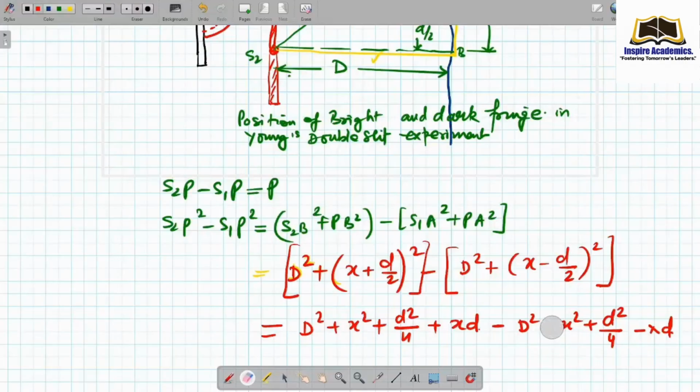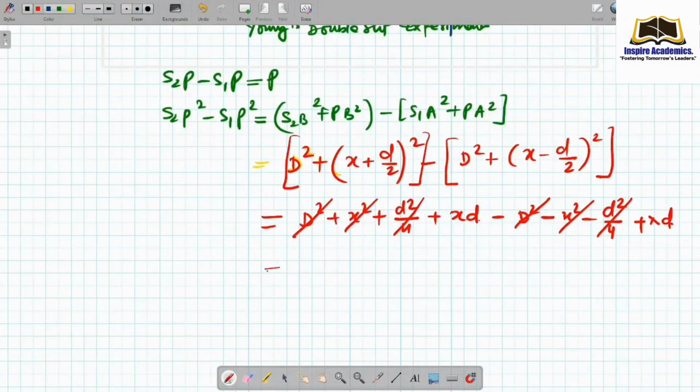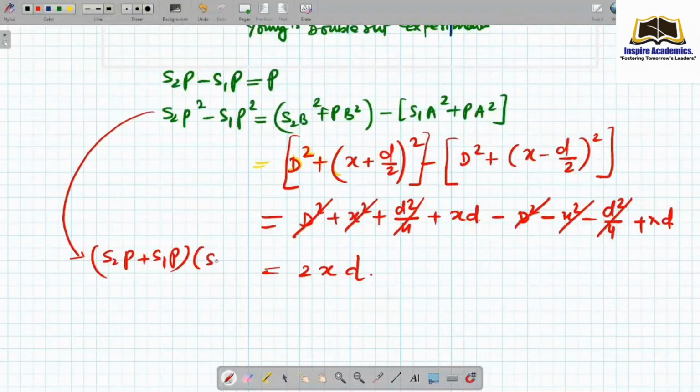Also this will be put as negative, and this will become positive. So we can cancel this d square, x square also cancel, and d square also cancel. So what we really got is 2xd. But this can be written as S2p plus S1p into S2p minus S1p.